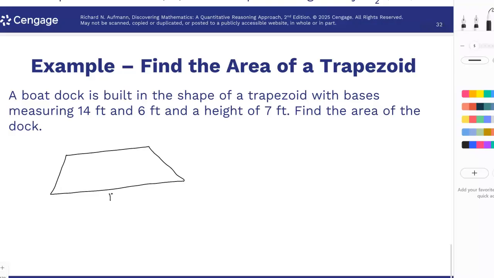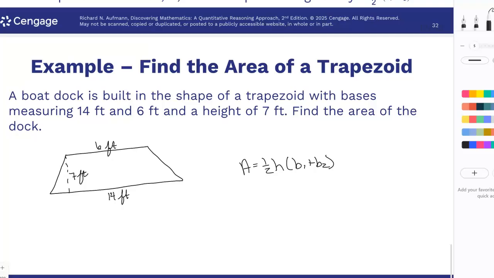The bases are 14 feet and 6 feet with a height of 7 feet. We want to find the area. Area is 1/2 of height times base 1 plus base 2. Okay, notice that parentheses there. That's important also.